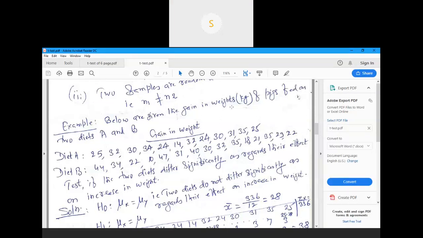Now we calculate the value of summation xi minus x bar whole square.